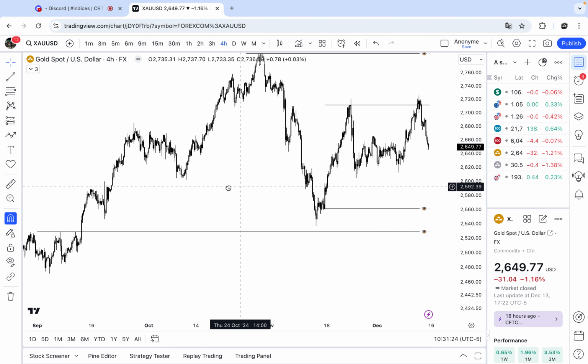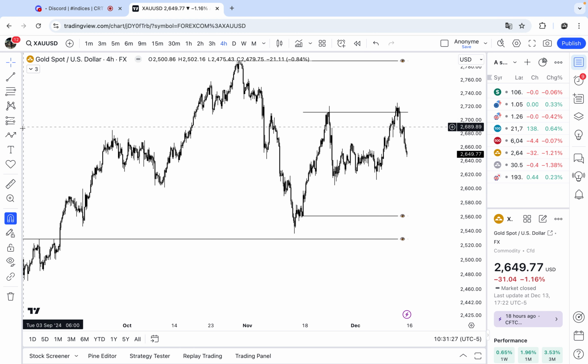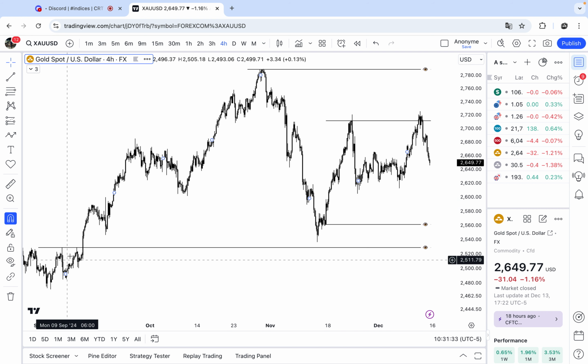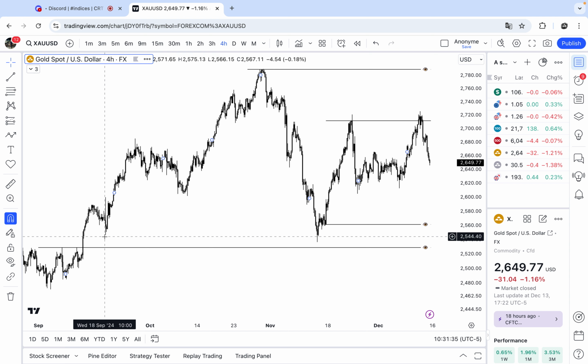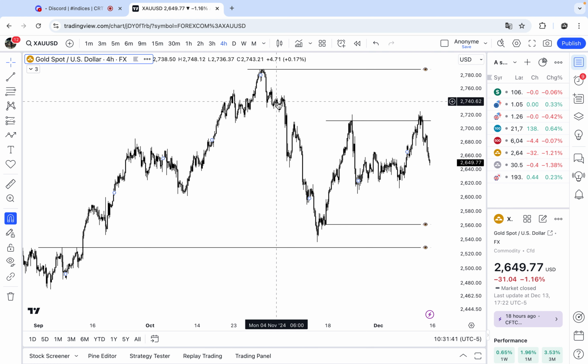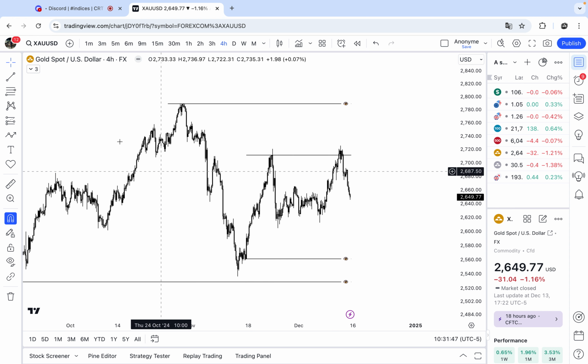So what can I see? Okay, so we got higher highs and higher lows right now. And on this move, we break the structure.